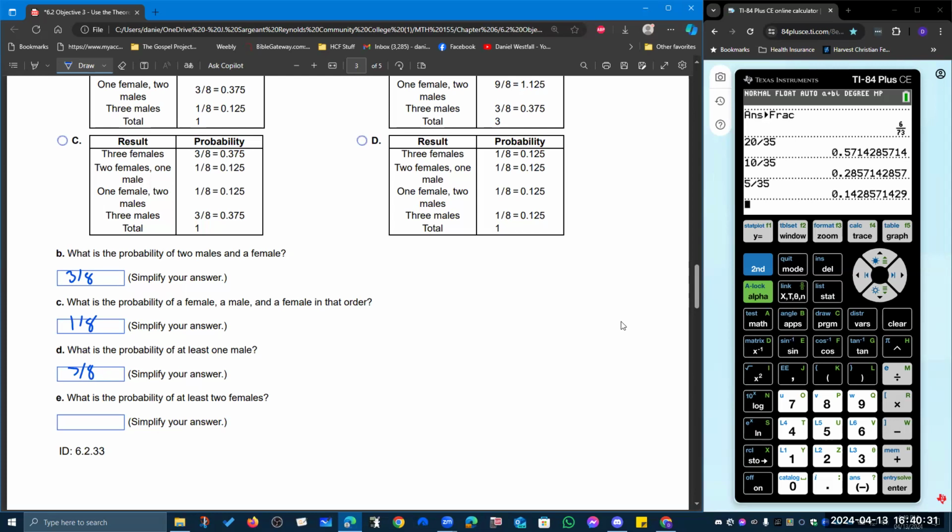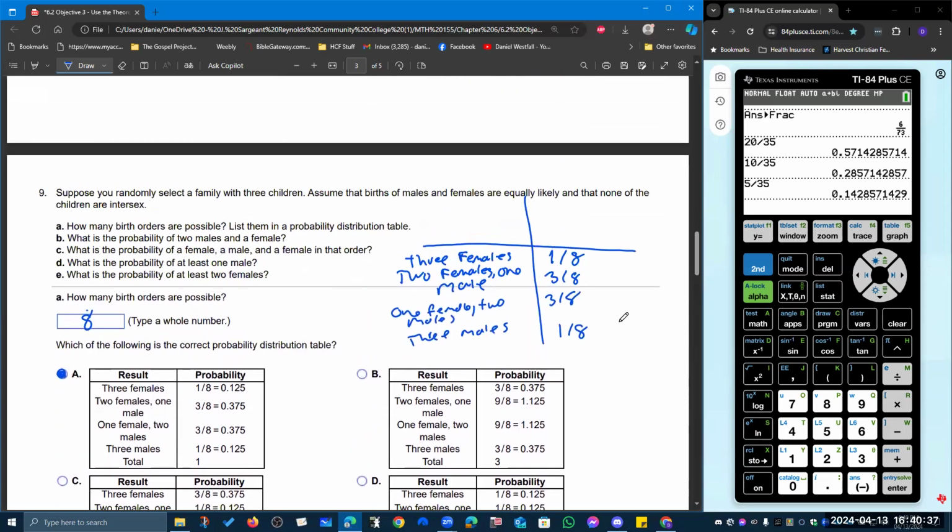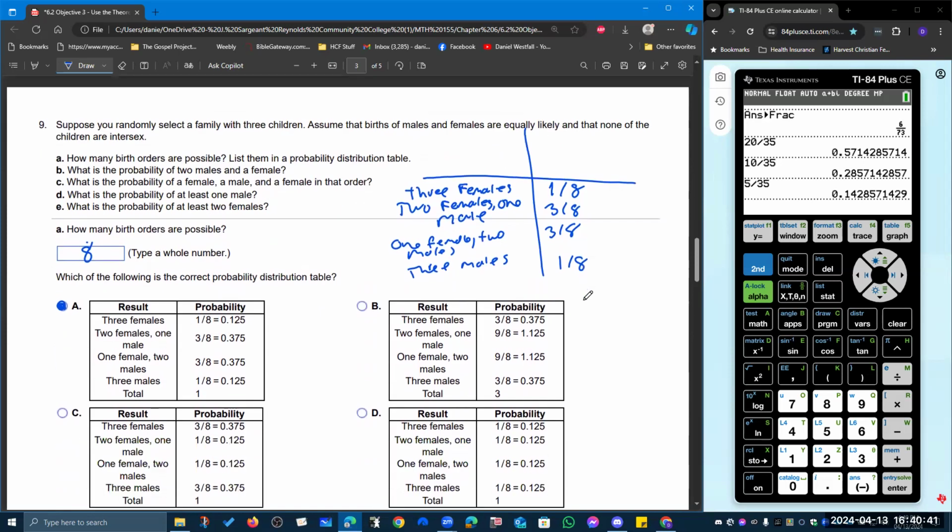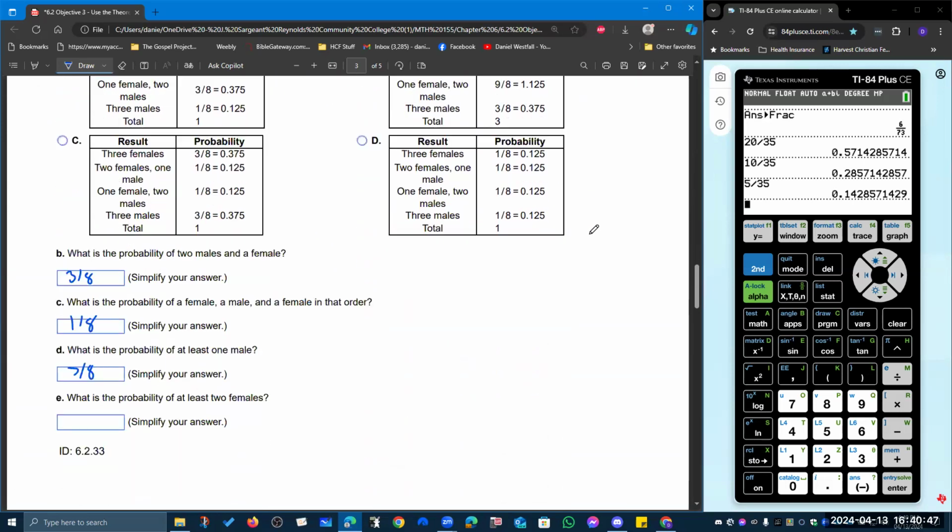And then probability of at least 2 females should be 1/2. Yes, right here should be 4 out of 8, which is 1/2.